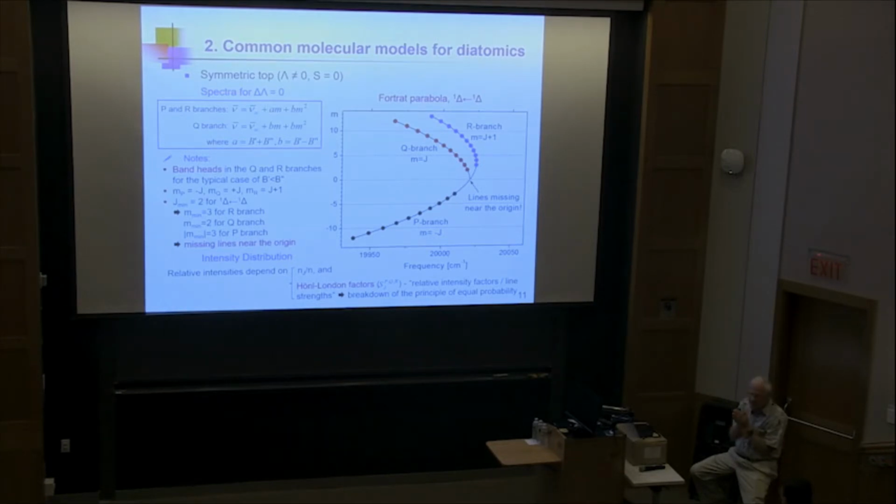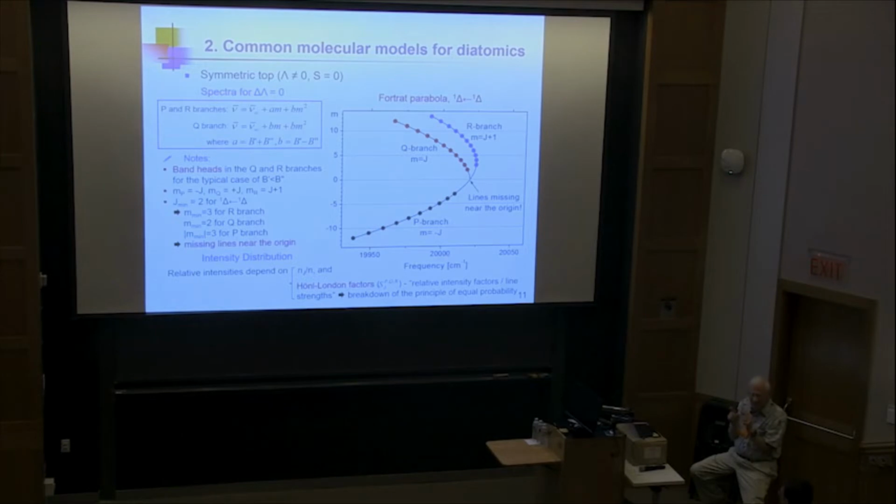So now we have three places to be: P, Q, R. If you're in a given state and you undergo absorption, you can have a P or a Q or an R. What's the relative strength? The Hönl-London factor is nothing more than the relative strengths of going to a P, Q, or R. If it were a perfect world and delta J was 0, there'd only be P and R, and they'd be equal.